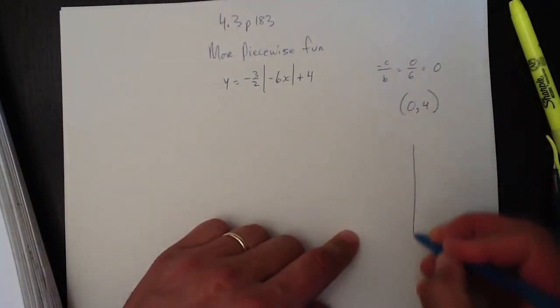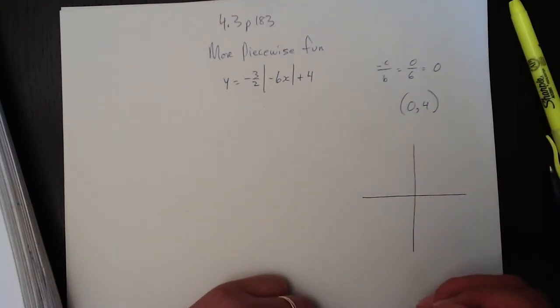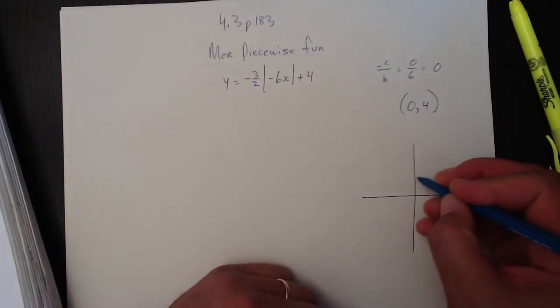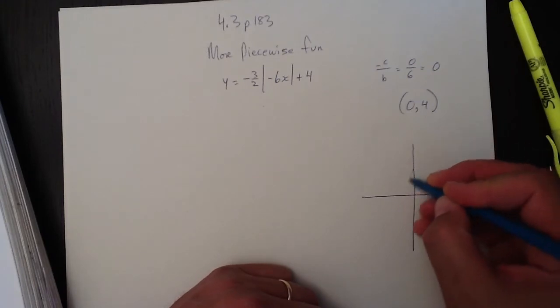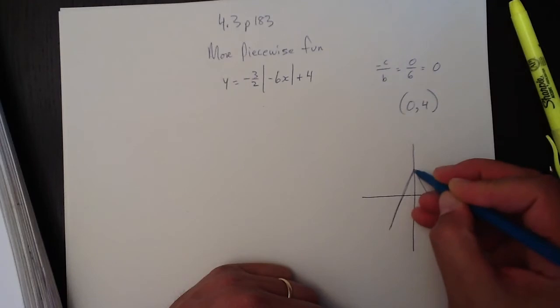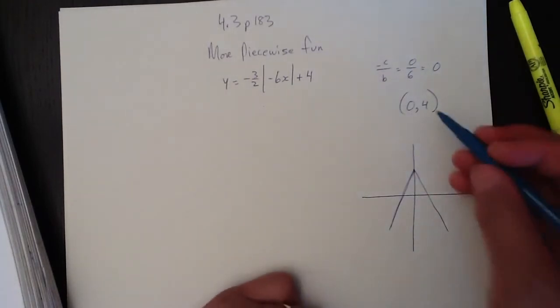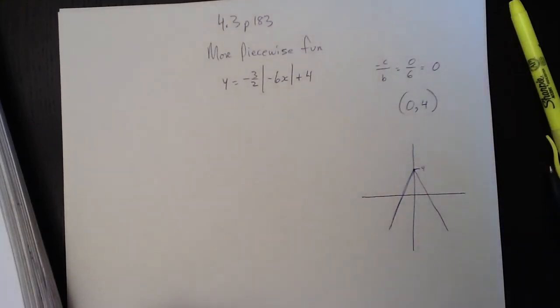When I graph it, I'm only graphing it to help me understand what it's going to look like. It's going to look something like this. The vertex is 0, 4, so that would be 4.